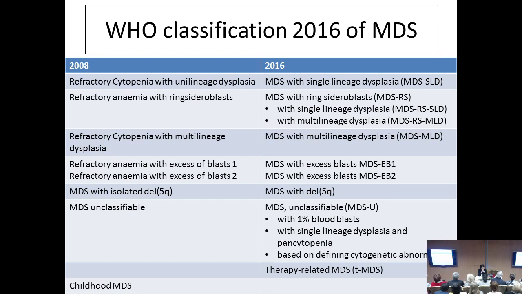One category is MDS with ring sideroblasts and single lineage dysplasia, and as we all know, ring sideroblasts can be combined with dysplasia in one lineage and with dysplasia in other lineages, and therefore this new category has been introduced: MDS with ring sideroblasts and multilineage dysplasia, MDS-RS-MLD. And the refractory cytopenia with multilineage dysplasia, the third category, has been renamed MDS with multilineage dysplasia.